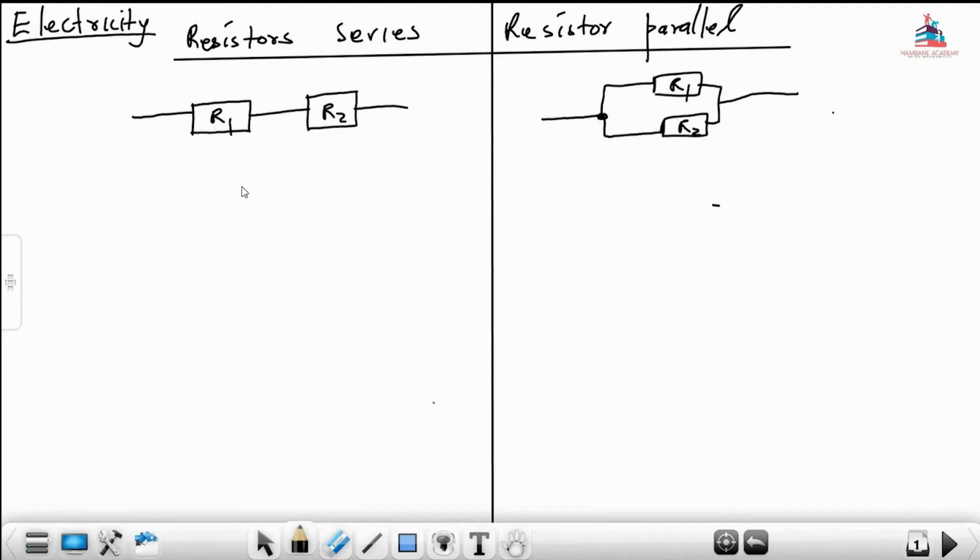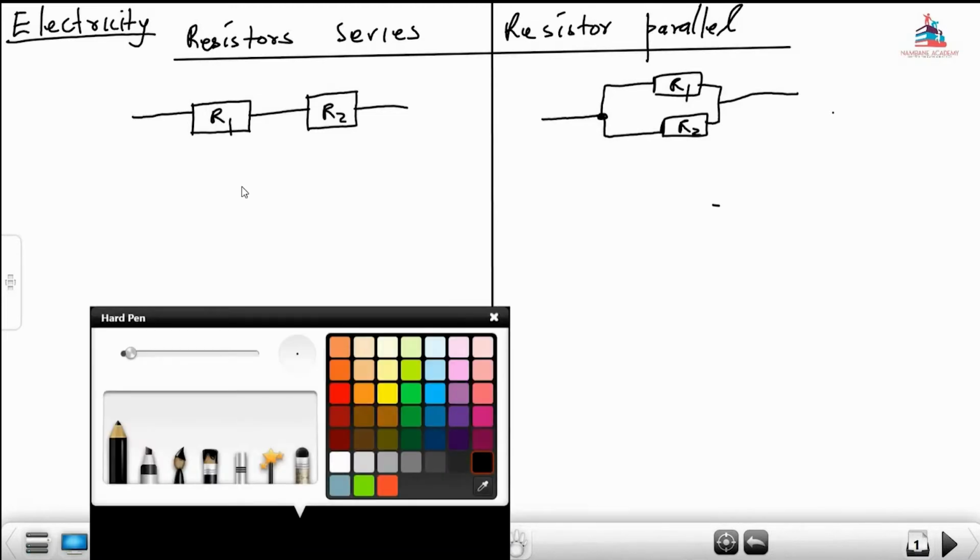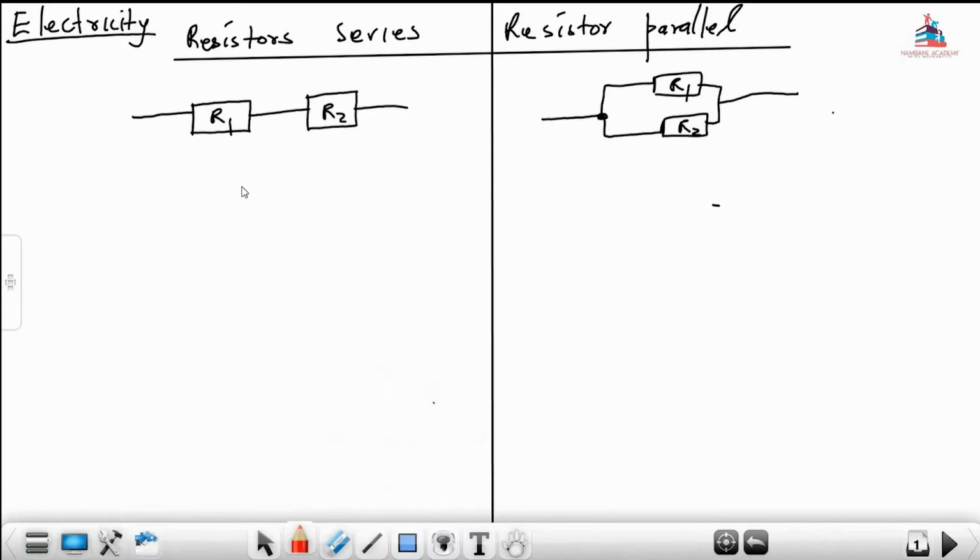But what can one say here? One can easily say, if I have my current here, which is this red line, I can easily see that the current passing at R1 is actually the same current passing at R2.